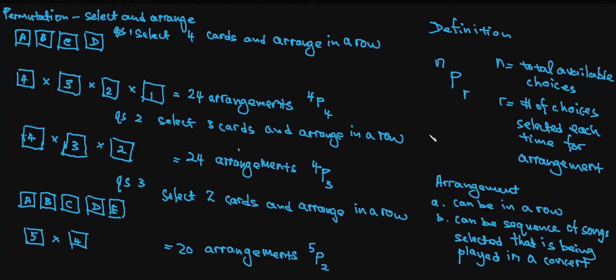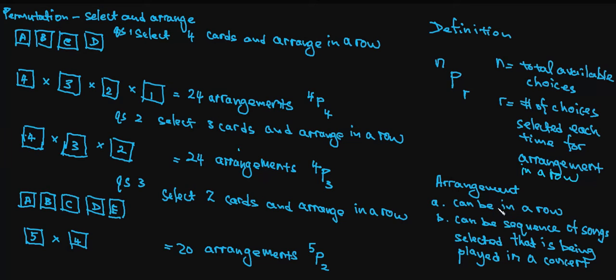Now let's look at the definition. nPr: n is the total available choices. r is the number of choices selected each time for arrangement in a row.